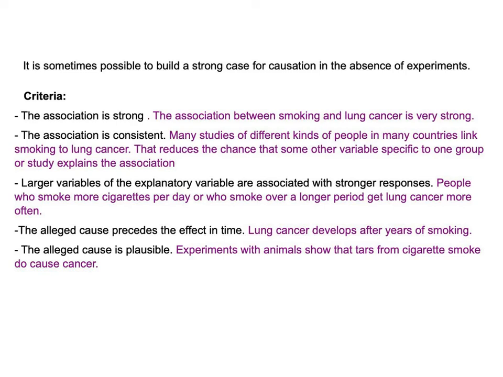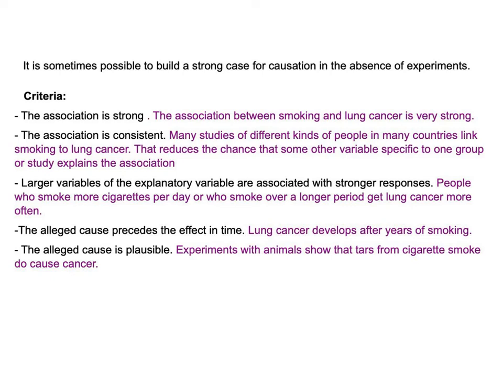Larger values of the explanatory variable are associated with stronger responses. So they've discovered that people who smoke more cigarettes per day or who smoke over a longer period of time would get lung cancer more often. And then again, the alleged cause precedes the effect in time. So they found that lung cancer developed after years and years of smoking. And the alleged cause is plausible.